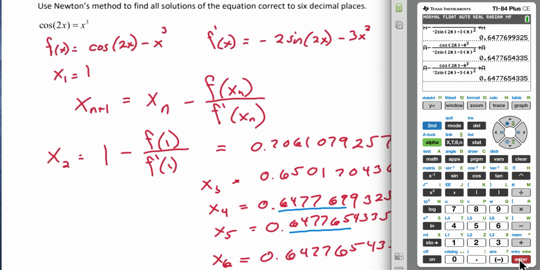Notice that that's actually the same as the last one. So we definitely have 6 decimals of accuracy. So the solution, correct to 6 decimals, is what we just found.